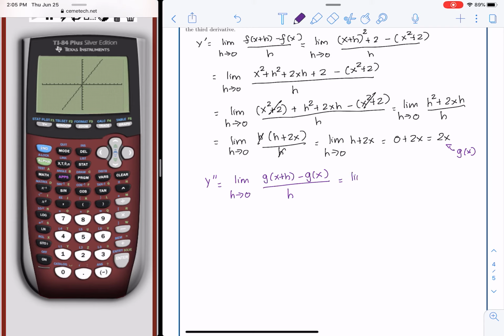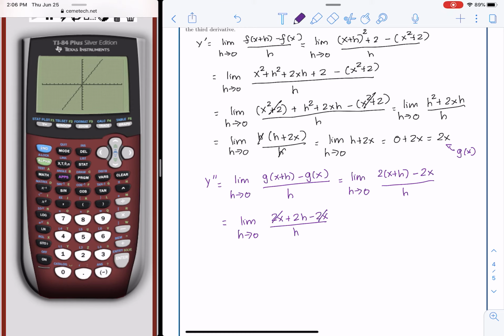So that would be limit h approaches 0, 2 times x plus h minus 2x divided by h. So limit h approaches 0, 2x plus 2h minus 2x divided by h.